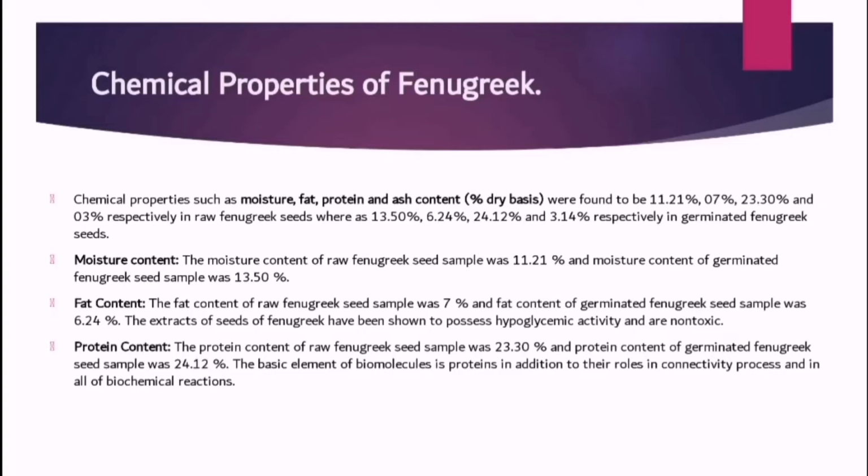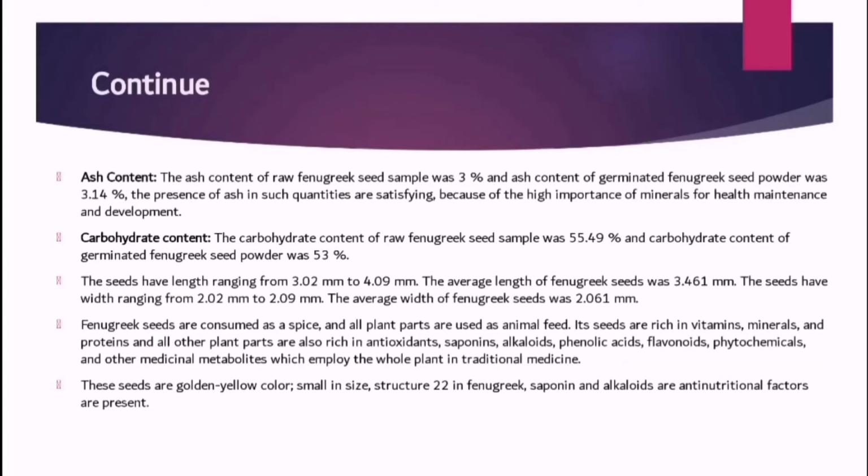Protein content. The protein content of the raw fenugreek seed sample was 23%, and the protein content of the germinated fenugreek seed sample was 24%. The basic element of biomolecules is protein, in addition to their roles in connecting processes and all biochemical reactions. Ash content.